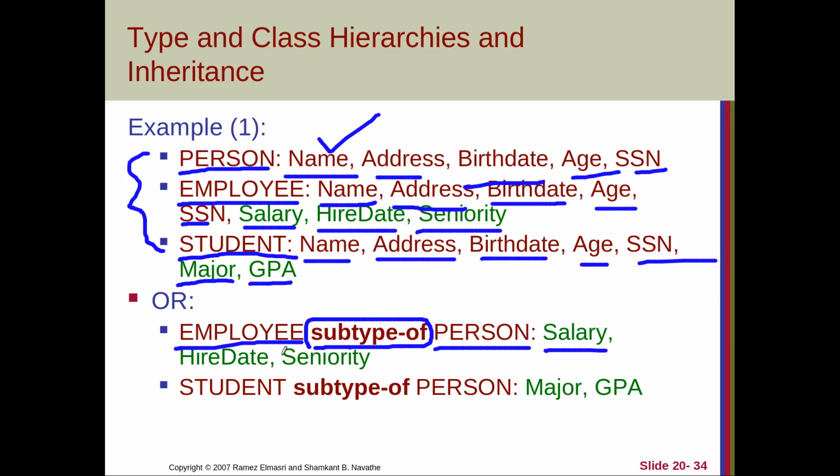Colon. Then I will only provide salary, hire date and seniority, which are new. So automatically what are the properties of Employee? Employee will have name, address, birth date, age, SSN, then salary, hire date and seniority. It is just like base class and subclass in C++. Now similarly Student is subtype of Person, colon, major and GPA. So we can create a new type or class based on an already existing class. Some of the elements or attributes need not be repeated in our subtypes, which makes the creation of subtypes easier.